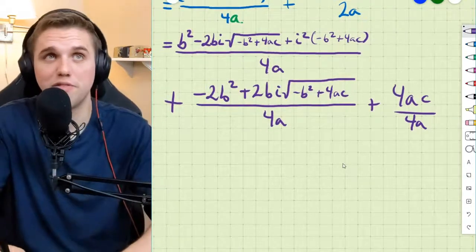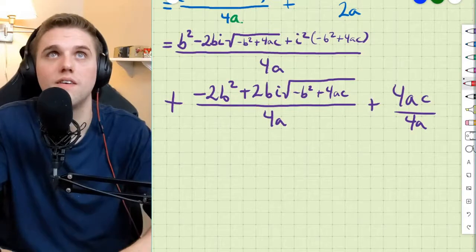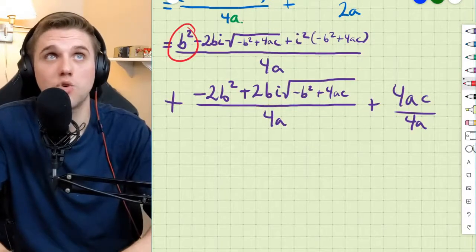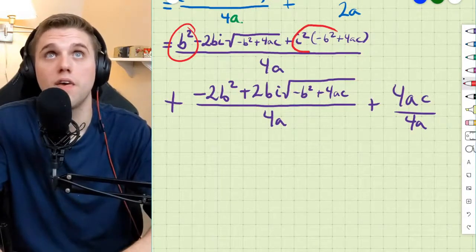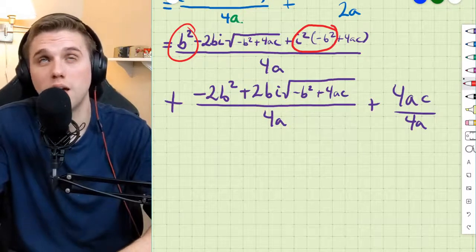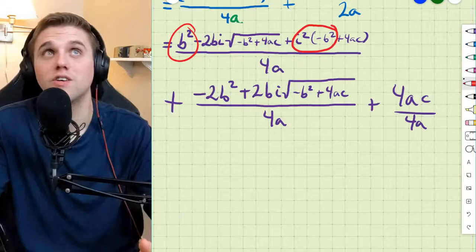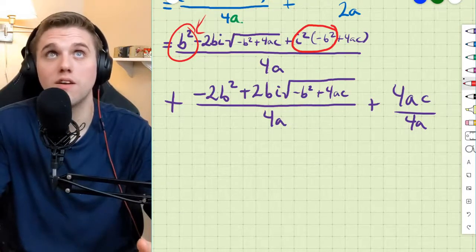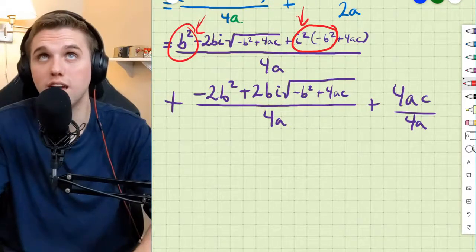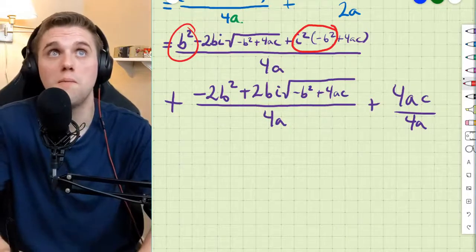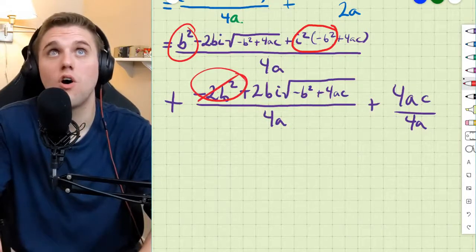And now we simplify. So I have a b squared here. And then I squared times negative b squared is just positive b squared. So I have 1b squared here. That's 2b squareds there. Total. Minus 2b squareds. All cancel.